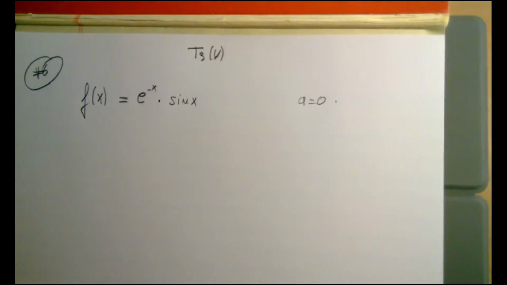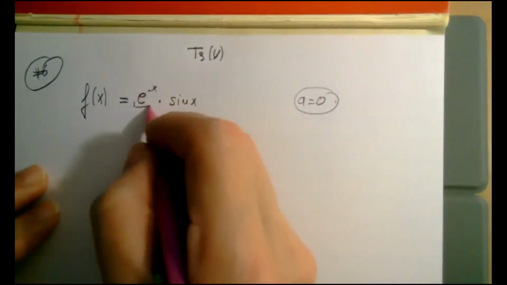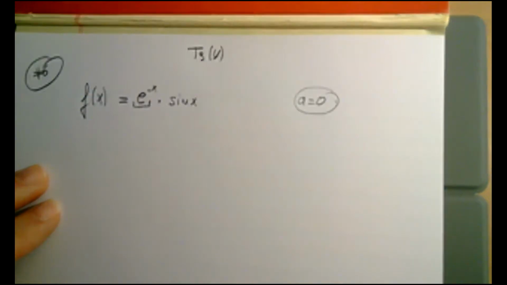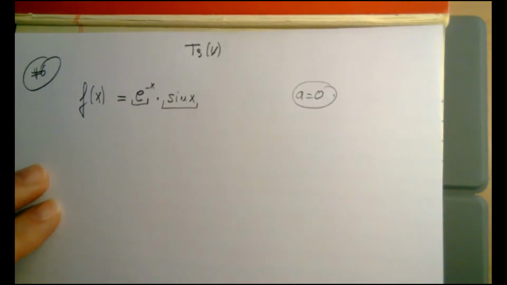Another way to proceed is, because it's at a equal to 0, I know how to write this function as a power series, and I know how to write this one. I can just multiply them by each other using the same approach I used yesterday to find the third degree Taylor polynomial. So two ways to do those problems.